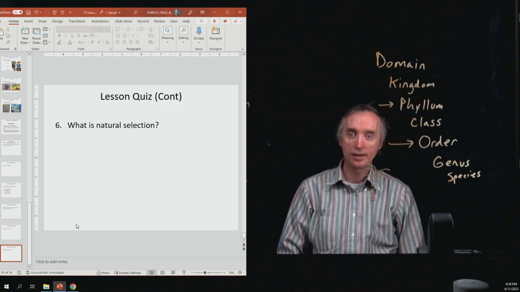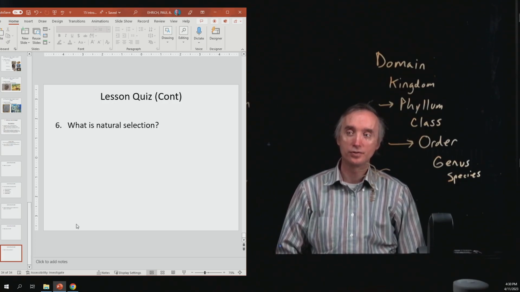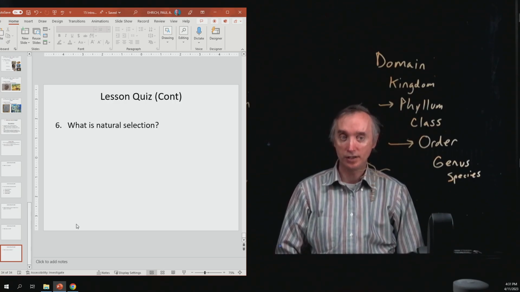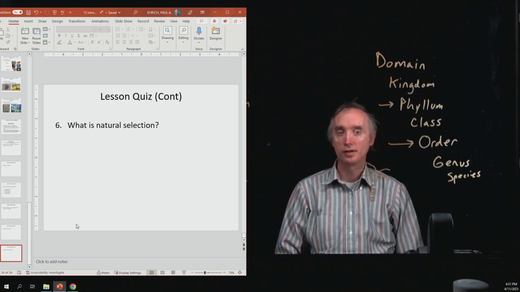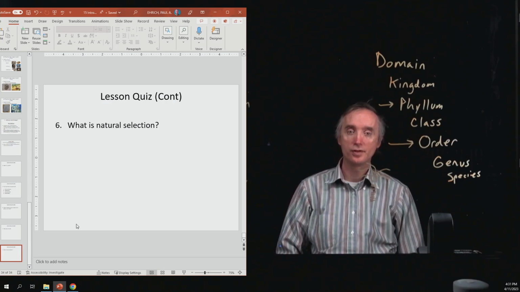If it's a bad adaptation, then it's going to die before it has a chance to pass on that gene. So this is the whole idea of natural selection, and this is, we think, the reason why organisms change as they evolve.